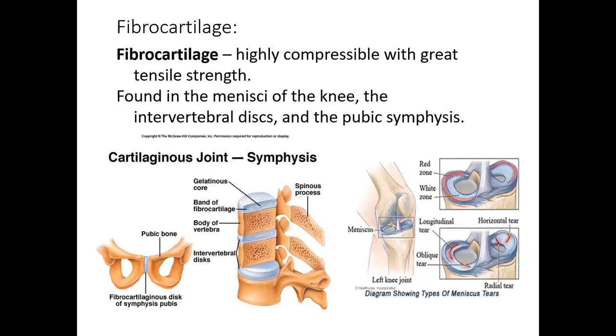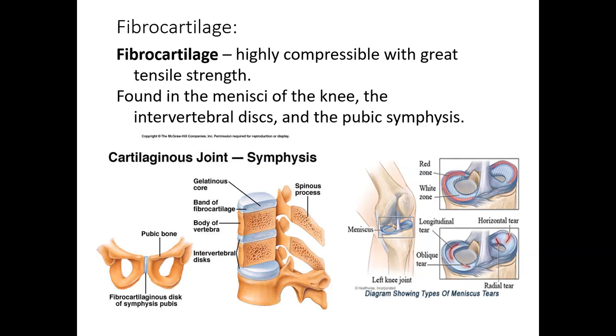All right, looking at number 7, it's asking you to describe fibrocartilage and locations in the body. So fibrocartilage is highly compressible with great tensile strength. We talked about that tensile strength on the previous slide. That means that it provides a lot of support, resistance to the material actually breaking down under tension. It is found in the soft tissue to bone attachments.